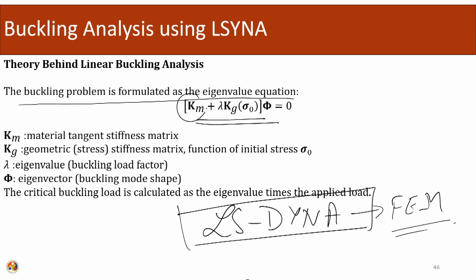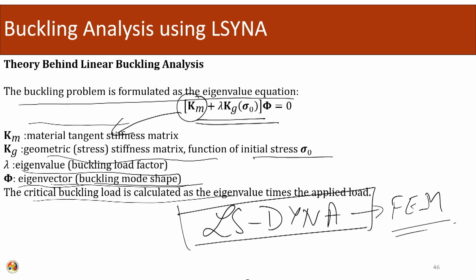Km is the stiffness matrix, the material stiffness matrix. Kg is the geometric stiffness, or the stress function for the initial condition. Lambda is the required eigenvalues or the buckling load factors, and phi is the eigenvectors or the mode shapes occurring in the buckling. The critical buckling load is calculated as the eigenvalue lambda times the applied load.